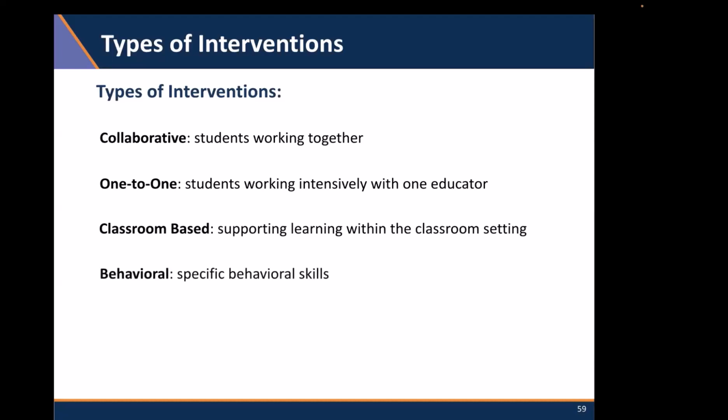We have behavioral interventions. A lot of what Marissa and I have been talking about with folks in the field and just in general is it's hard to really separate out some of the behaviors that we're seeing from the academic gaps that students have. A lot of the behaviors we are seeing are due to students being frustrated in a classroom or not understanding.